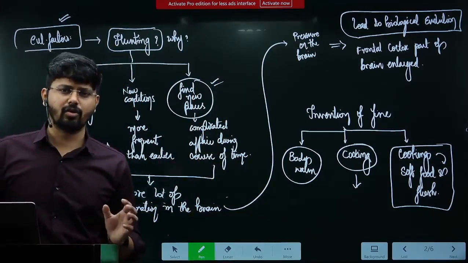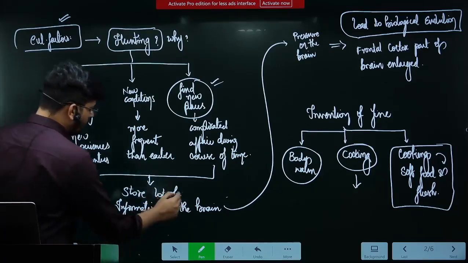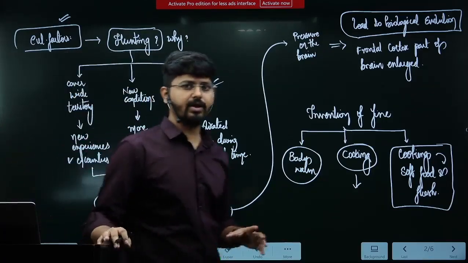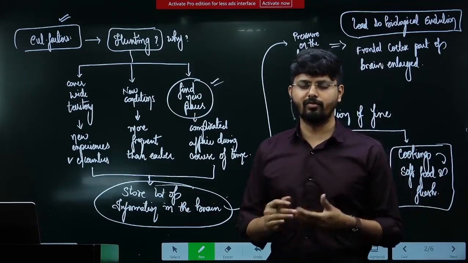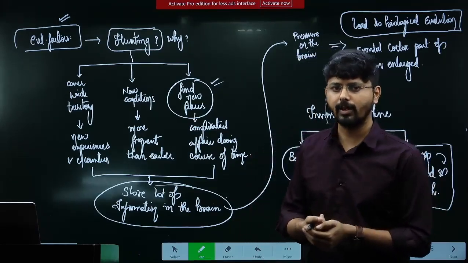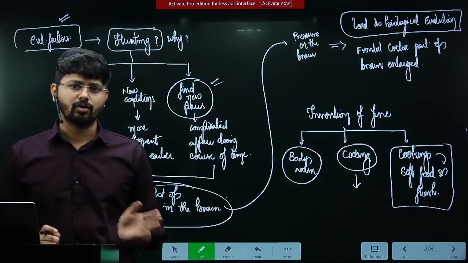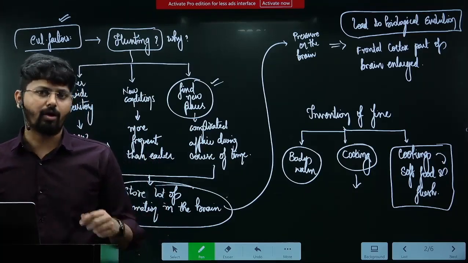Because of these things, you start getting a lot of information. Previously, before coming to the evolutionary stage of humans, these were apes. Apes were living on the arboreal or tree life.